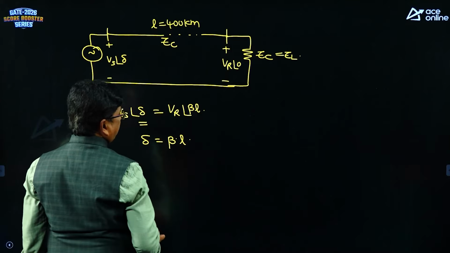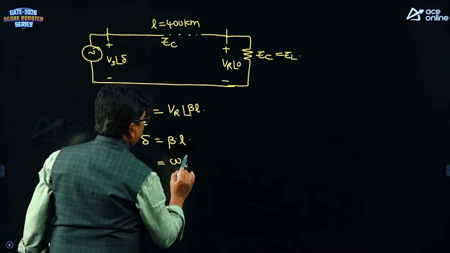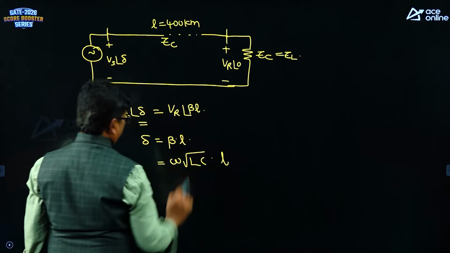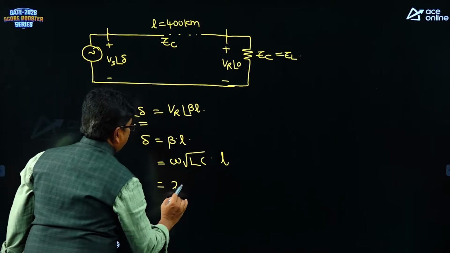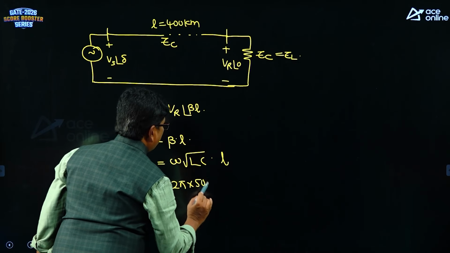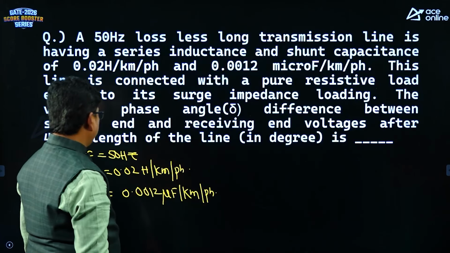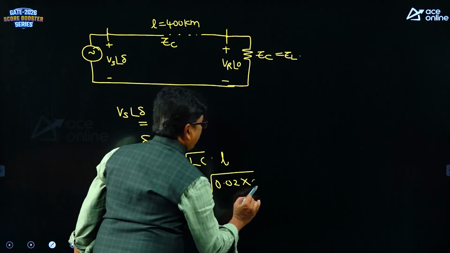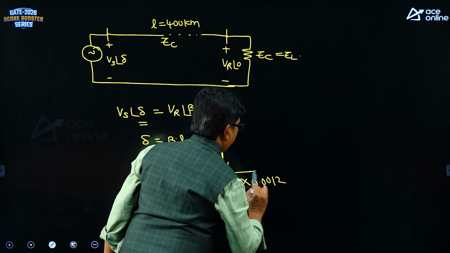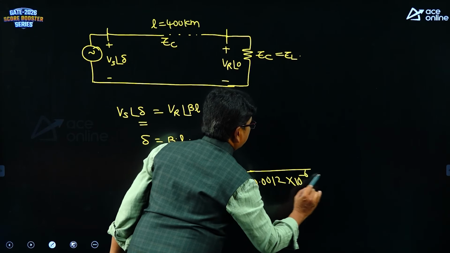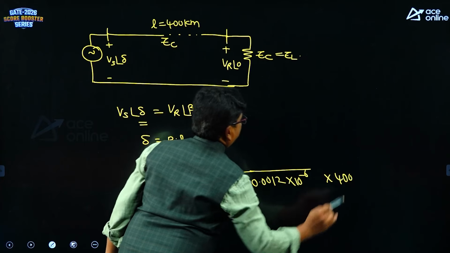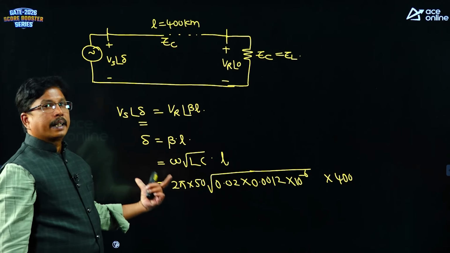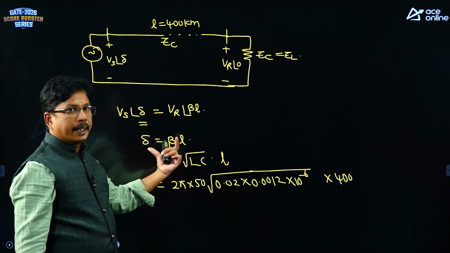What is beta for a lossless line? Beta is nothing but omega root LC into line length. They are asking delta. It is 2 pi into 50 into root LC, L is given 0.02 Henry into 0.0012 microfarad into 10 power minus 6 into 400 kilometer. We will get this value in radians. Why? Because beta is in radians.